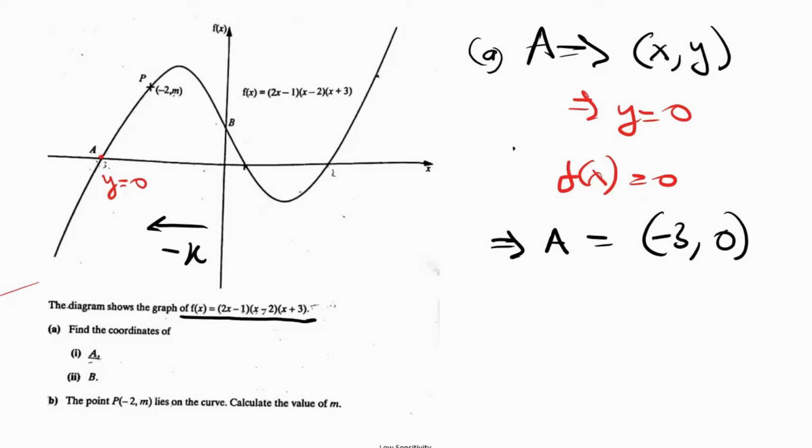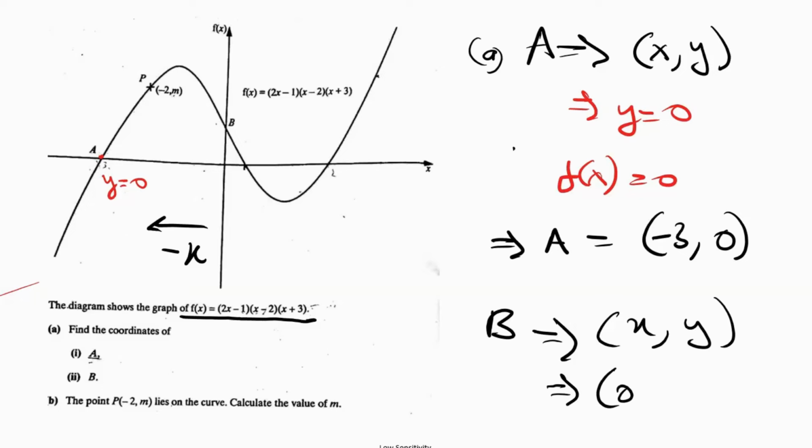We also want to find the value of B. So what do we know about B? For B here, we know that we are still looking for the same things, x and y, but we know that at this point x is equal to 0. So we know that this is (0, y), right?